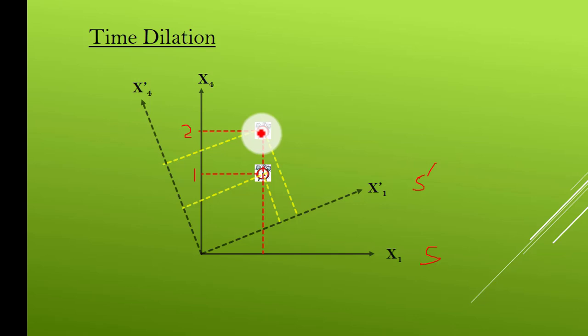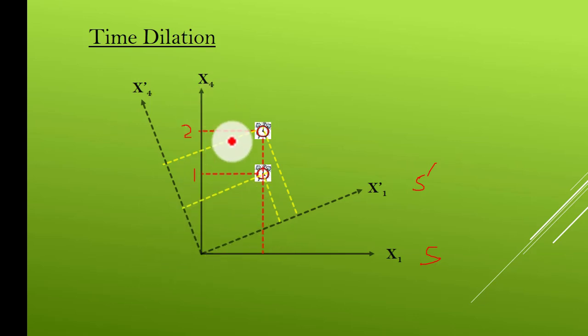So in the S prime frame, the clock will appear as if it is placed at some different place, and its position coordinate will be given by this. And when the clock ticks at 1 minute, its position will be given by this coordinate.